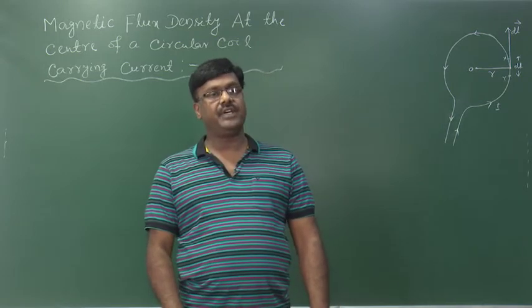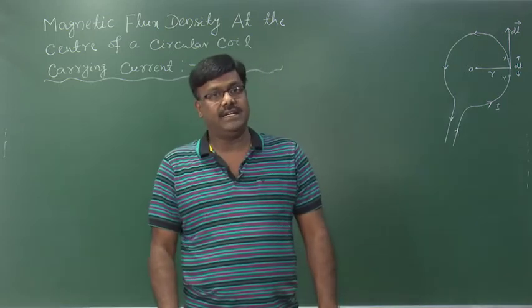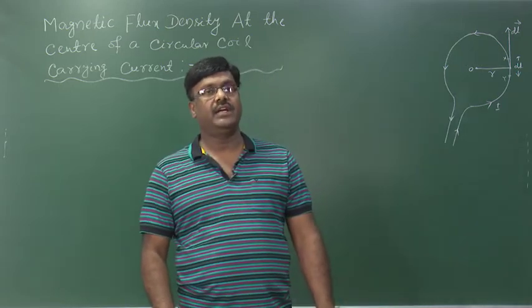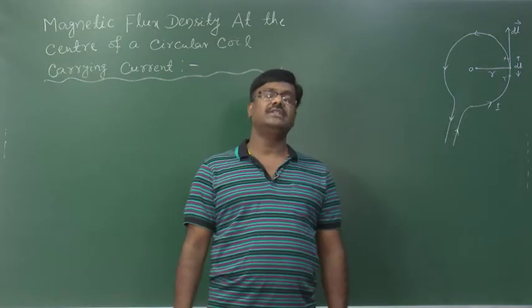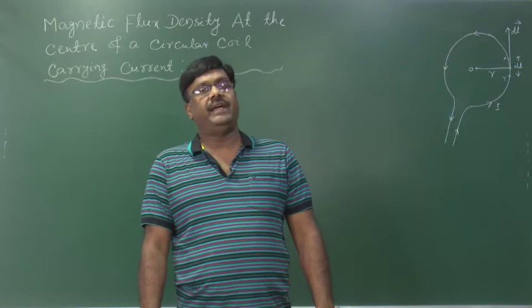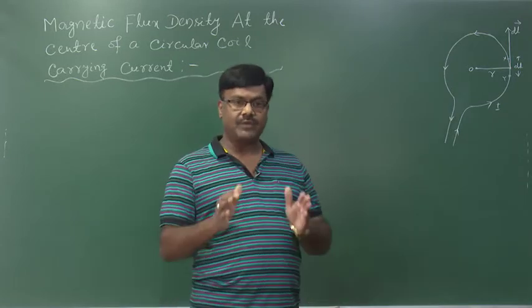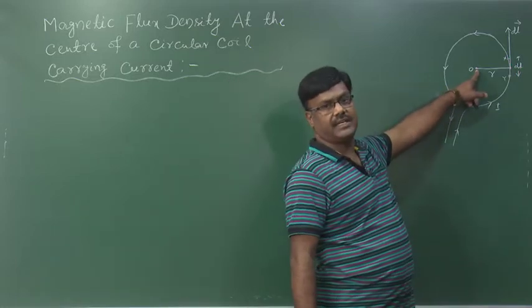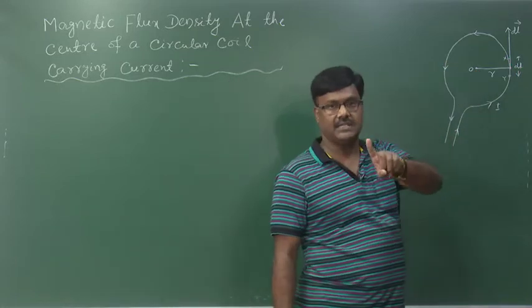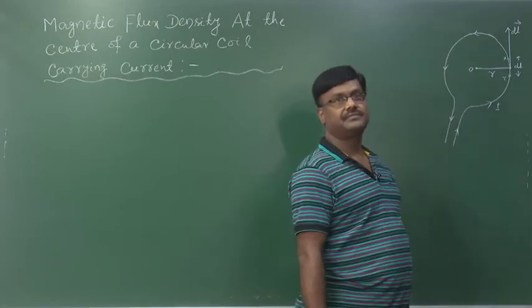Our today's topic is to calculate the magnetic flux density at the center of a circular coil carrying current, for which we have to use Biot-Savart's law. So, to calculate the field at the center of a circular coil carrying current, let us first consider a circular coil carrying current.